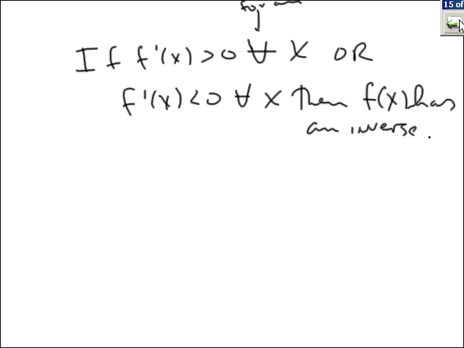So that's a test to see if a function has an inverse. And if you're given the graph, just picture every horizontal line. If you can see a horizontal line that will cross in more than one place, then this graph does not have an inverse.